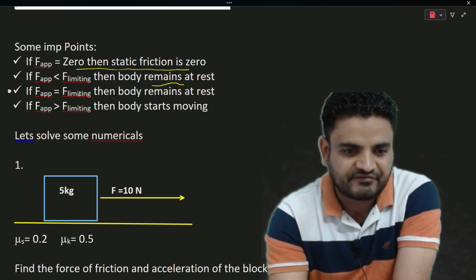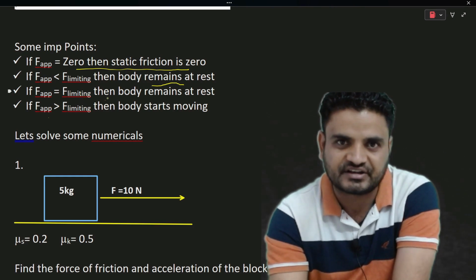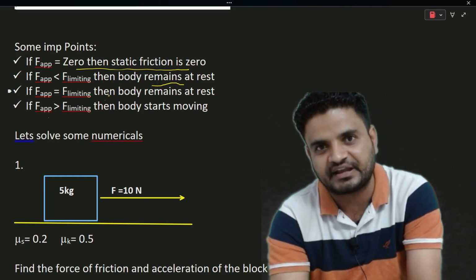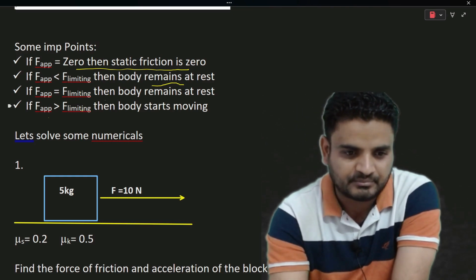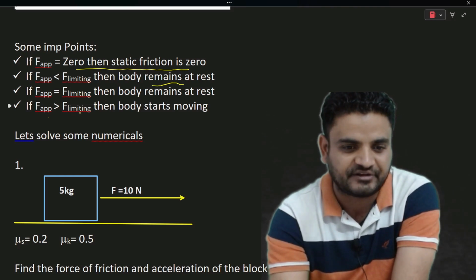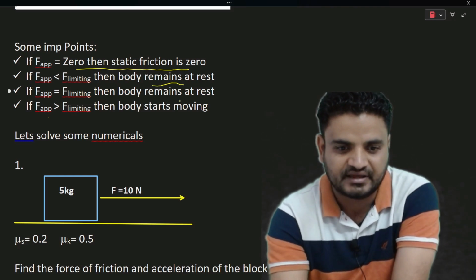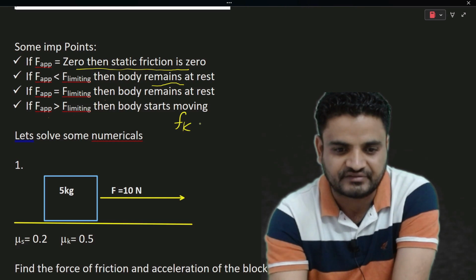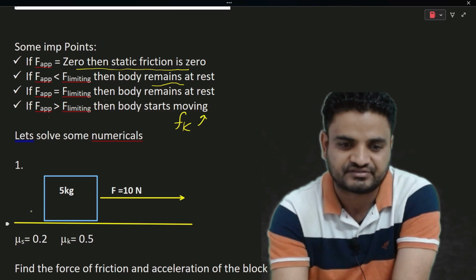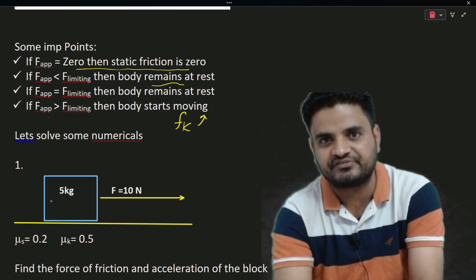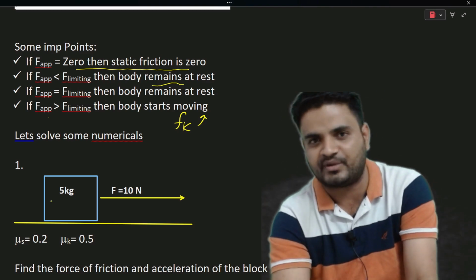If applied force is equal to the limiting friction, that also remains at rest, but there will be a tendency to move. But if F applied is greater than limiting friction, then the body will start moving and kinetic friction will act in this case. Clear? And these 4 points will be very helpful when you solve the numericals.